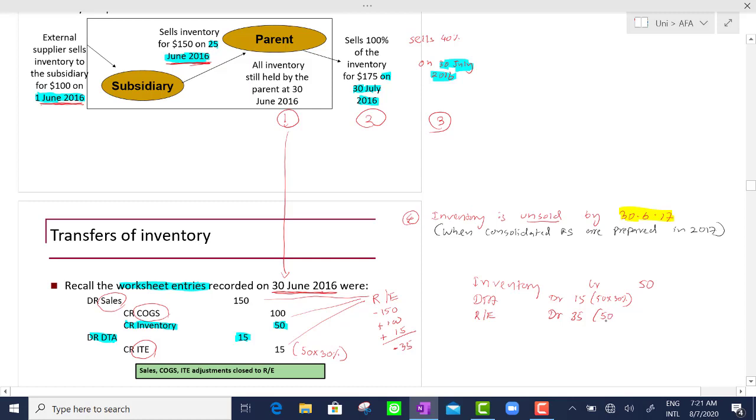retained earnings is also overstated. Inventory being overstated means that in the previous year, 2016, the cost of sales has been understated. If the cost of sales is understated in 2016, the profit will be overstated by 50.